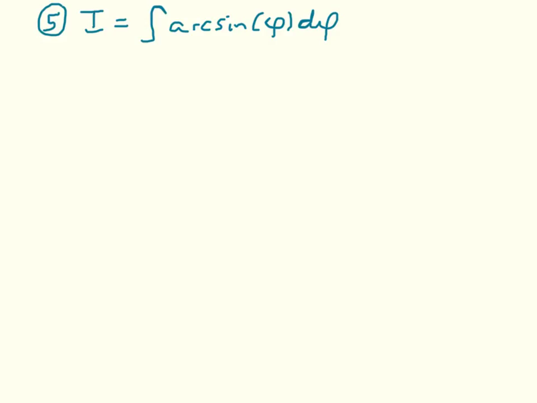So what we do is we write this as the integral of 1 times arc sine of phi with respect to phi. This is just like the logarithm, so a function that you know how to differentiate, you can write it as 1 times itself, use integration by parts, and see if that works.